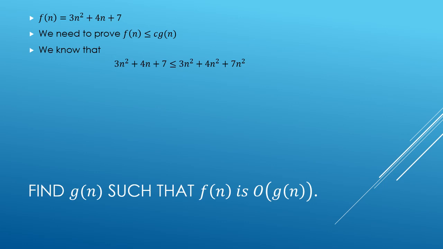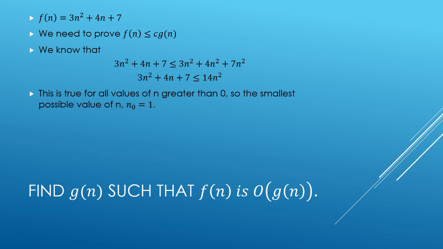I have swapped 4n with 4n square and 7 with 7n square on the right side, since the right side is larger and adding to it does not affect the inequality. Now, adding the terms on the right side, I get this. 3n square plus 4n plus 7 is less than or equal to 14n square.